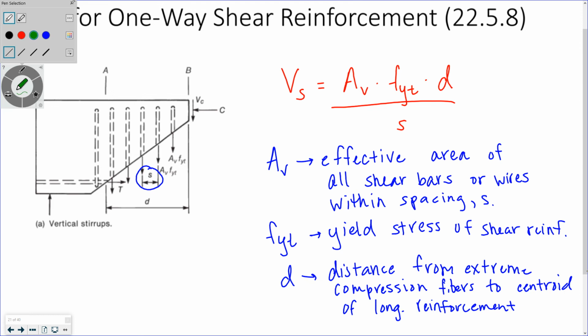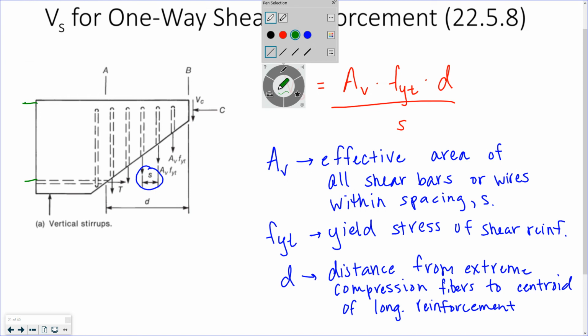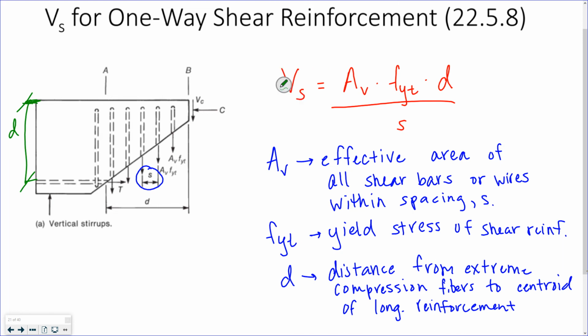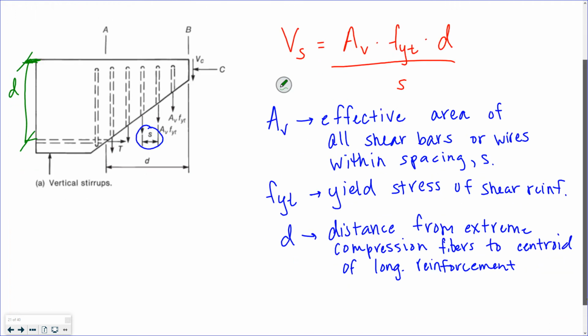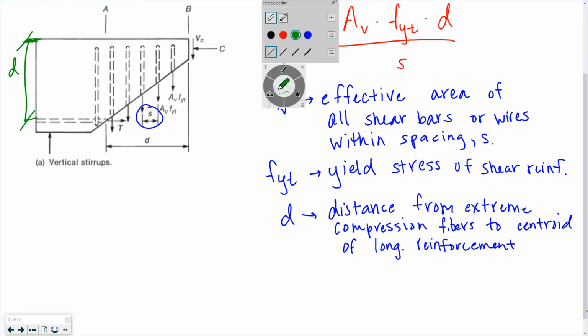We're talking about d. Like I said, it hasn't changed. It would be like that, right? Positive bending. s is the spacing of your shear reinforcement.